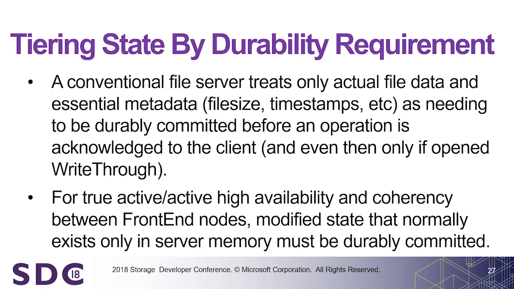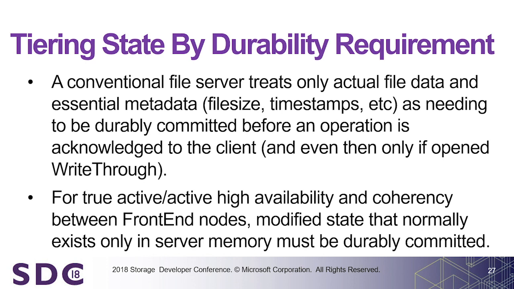We have this idea that we want to separate state by what has to be durably committed and what doesn't. And we're able to put state that doesn't have to be durably committed and keep that in the front end. For instance, in SMB, if some of you are familiar with SMB, there's a file ID that has two different components. It's actually really a handle ID, but it has a volatile and a persistent state. The persistent is what maintains if you reconnect a handle. There's this volatile part, and that's only valid for the current session.